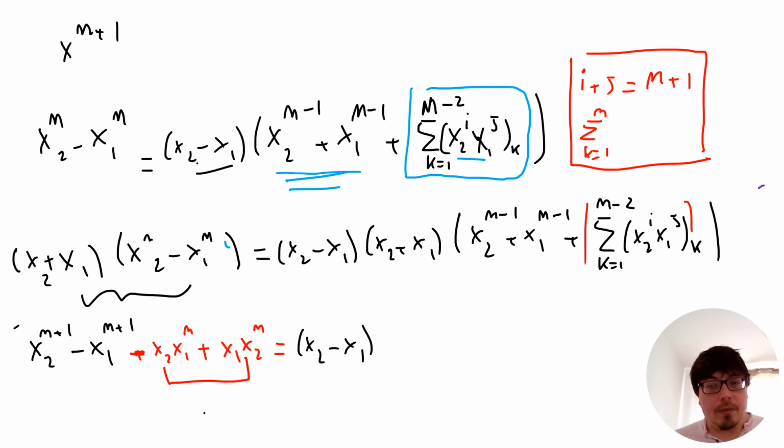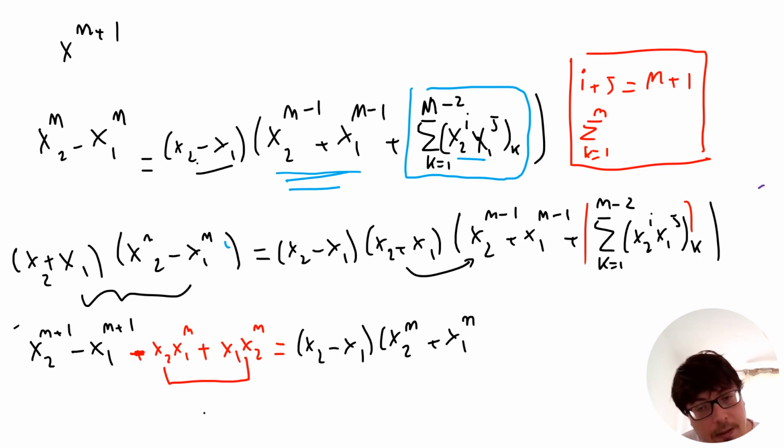Okay, so what happens is that now we multiply these terms down here, this one inside, and we get x2 to the n plus x1 to the n, and then some other terms of the same kind as this sum. And how many are we adding? We are adding 2, but we are subtracting 2.